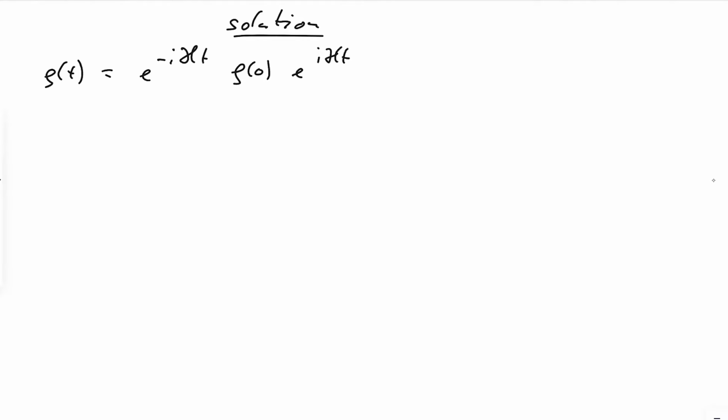And we can simply put in the Hamiltonian, which would be e to the minus i omega 0 Iz t times rho 0 e to the i omega 0 Iz t.